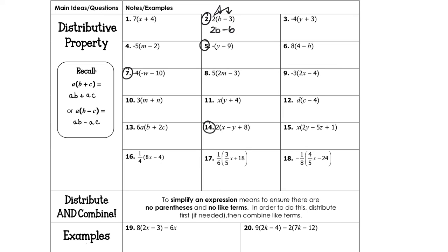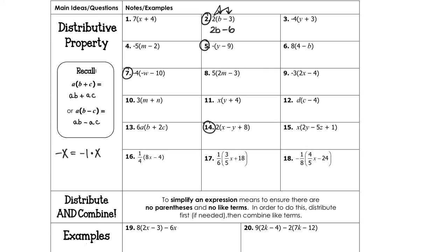Now, in number 5, recall we've talked about this in my class a lot. You do need to know that a negative in front of any algebraic symbol, whether it's a variable, a number, a parenthesis, or a grouping, represents negative 1 times that algebraic symbol.